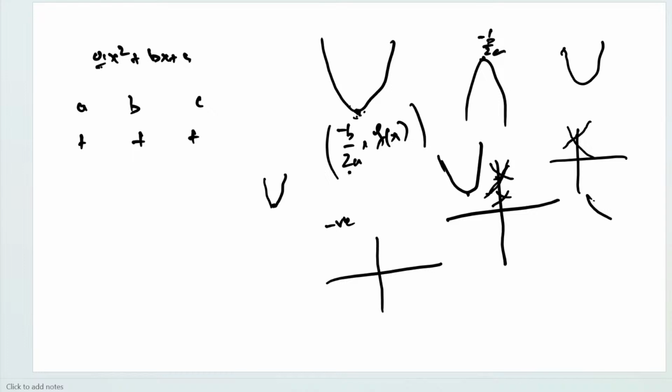Now, is minus b by 2a positive or negative when a and b are positive? For example, 2x square plus 3x plus 7, something like this. What is minus b by 2a? Is it positive or negative?